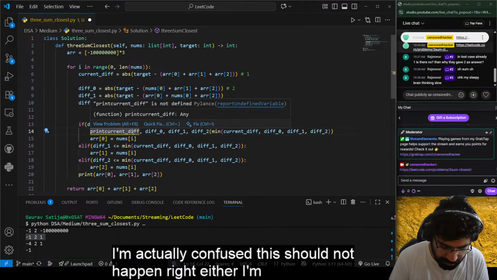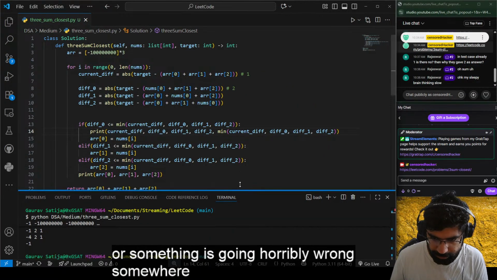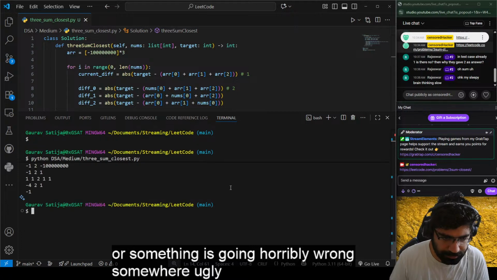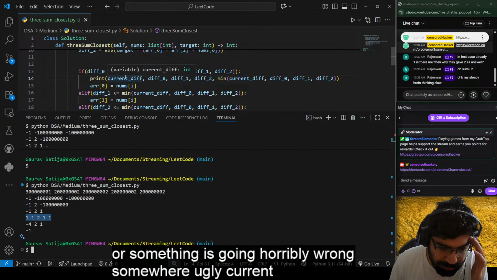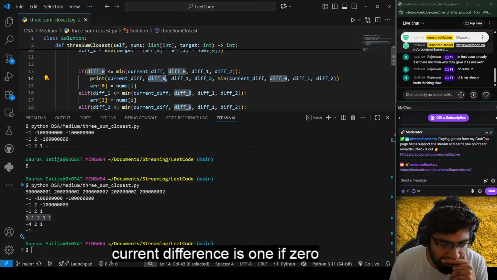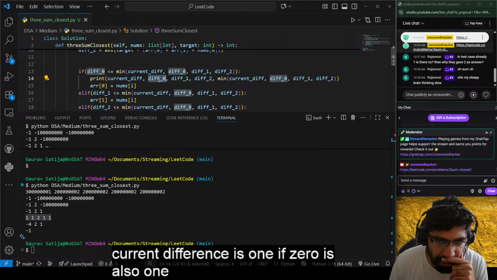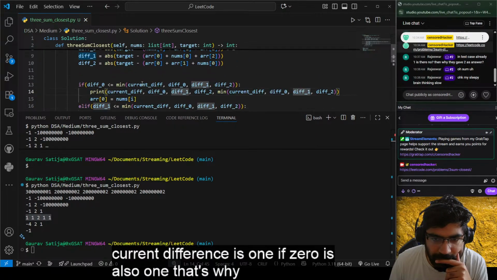Either I'm doing something really stupid or something is going horribly wrong somewhere. Okay, let's see. Current difference is 1. Diff 0 is also 1. That's why. Got it.